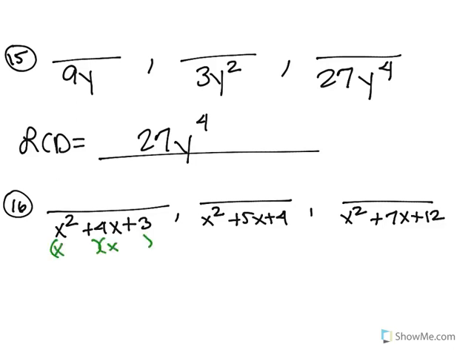We got x plus 3 and x plus 1 on the first one, because that adds up 3 and 1 to 4. On the second one, what two numbers from 4 going to make 5? And they're both what? Positive, good. And what two numbers from 12 going to make 7? 4 and 3, and they're both what? Positive. That's what I call simple factoring, because all of your numbers come from the back.